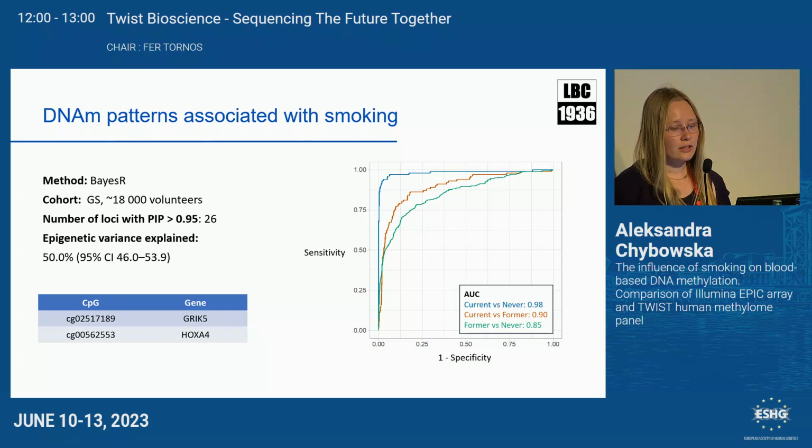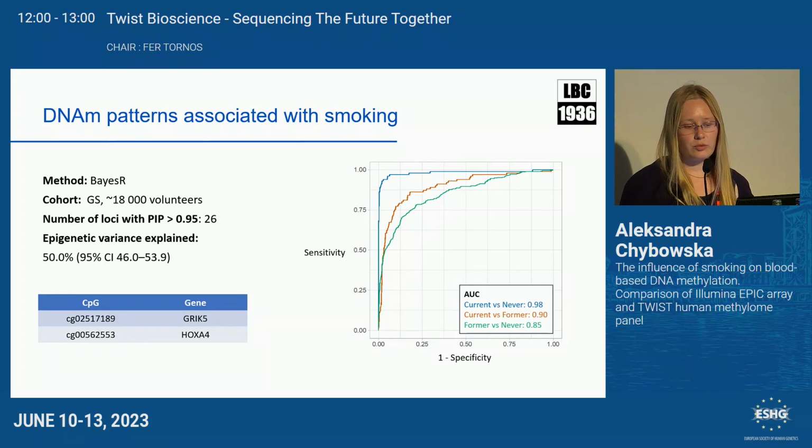So having done that, I was ready to build the epigenetic predictor of smoking, and compared to the previous version of the predictor that my lab published before, we had a better ability to distinguish former smokers from never smokers.